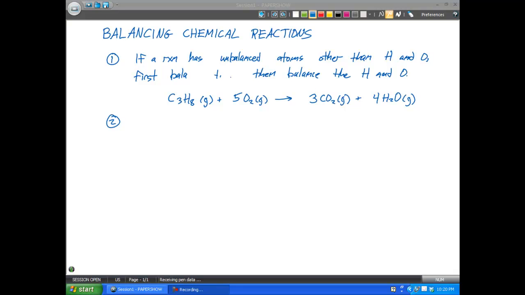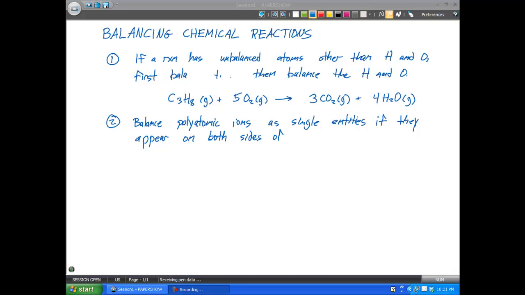The second tip is we want to balance polyatomic ions, and remember they're the ones you needed to memorize from the tables in the text, as single entities if they appear on both sides of the equation.